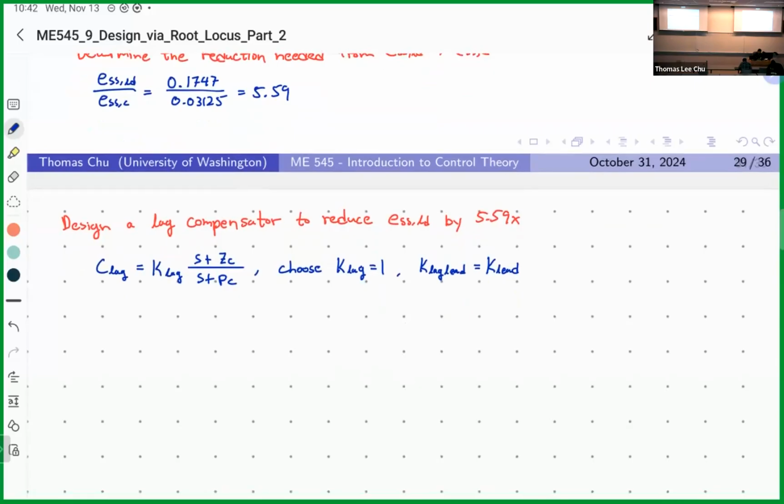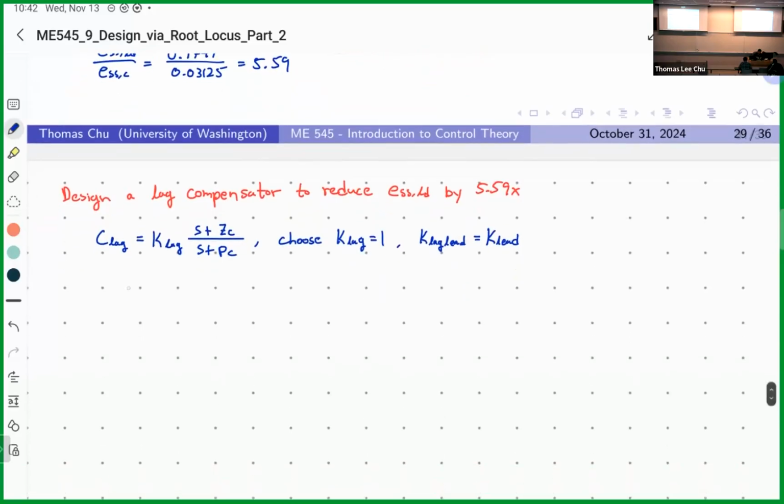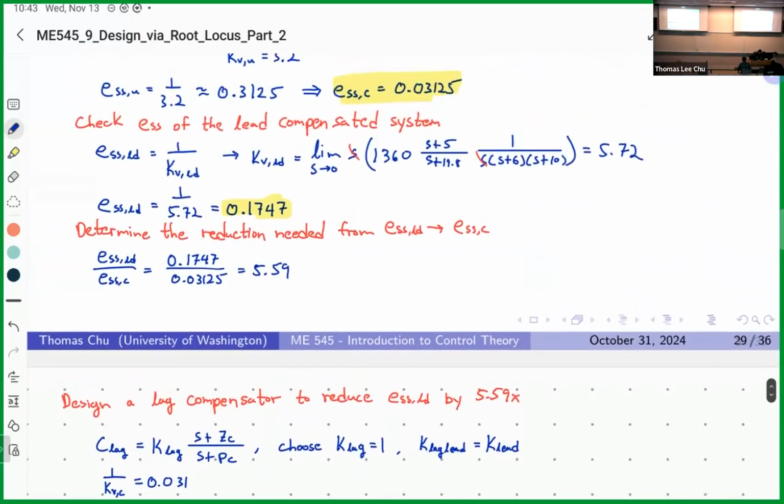All right, so this is going to be for the last step. We know that we need to reduce the steady state error by 5.59 times. So we know that 1 over KVC is equal to 0.03125.